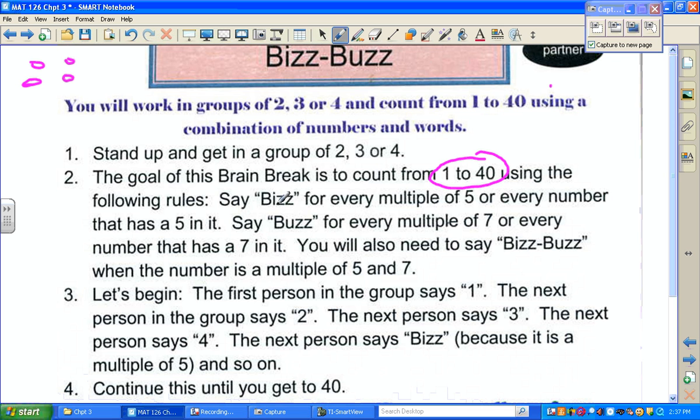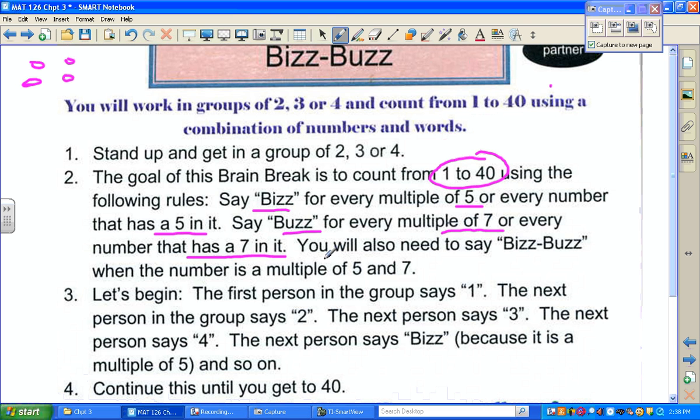Now, in that count, you say the word biz for every multiple of 5, or if it has a 5 in it, okay? So it'd be like 5, 10, 15, 20. You get the idea? When it comes up for you to count, you say biz instead of that number. Then, for every multiple of 7, or every number that has a 7 in it, you say buzz.